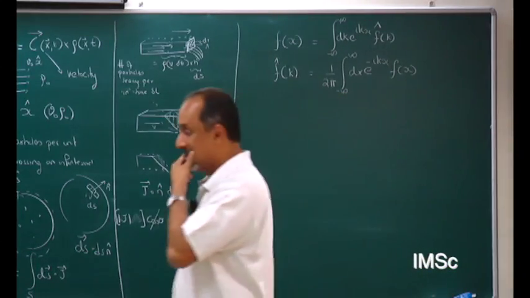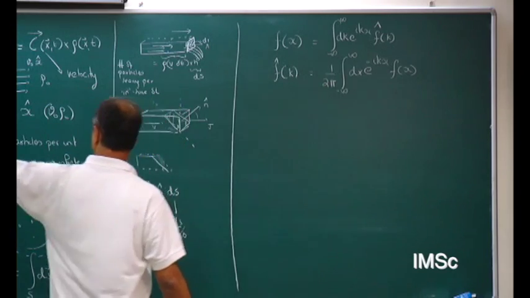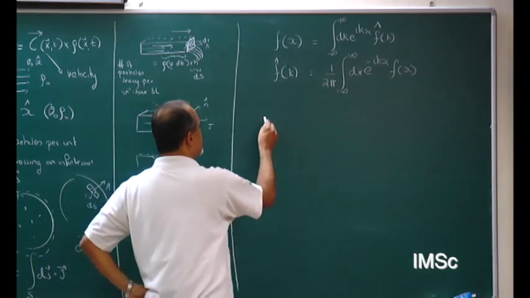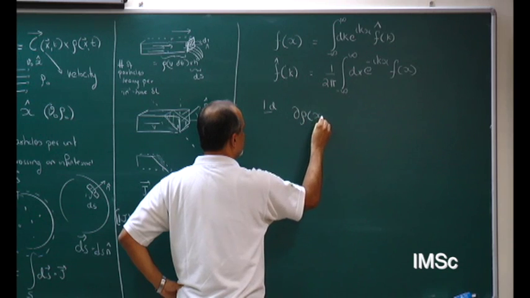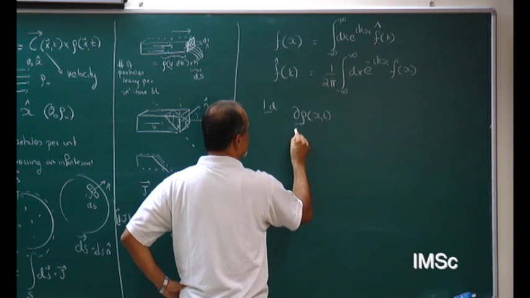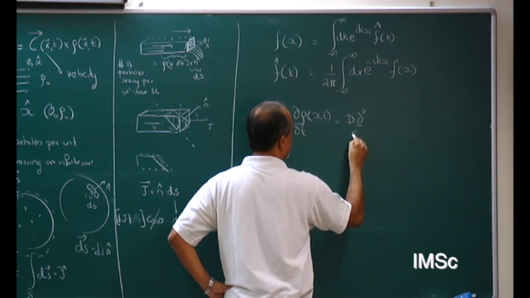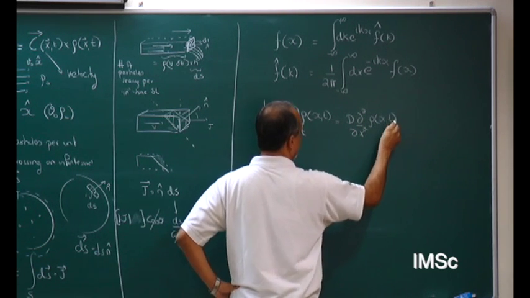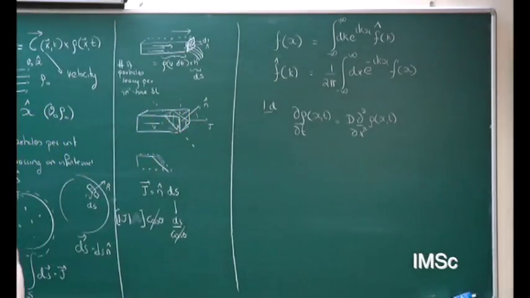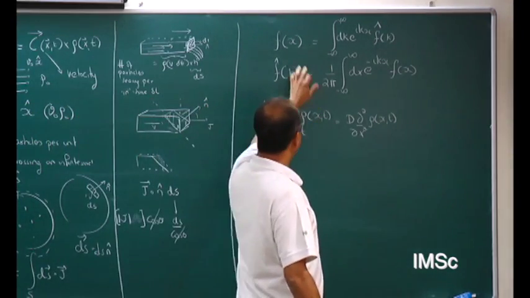Okay. So now let us go back to this equation and try and see how we can apply it. For simplicity, I will just use the equation in one dimension, which is the partial of rho of x and t with respect to t equals D times the second partial with respect to x of rho of x comma t. Everywhere I have rho of x and t, let me substitute this.